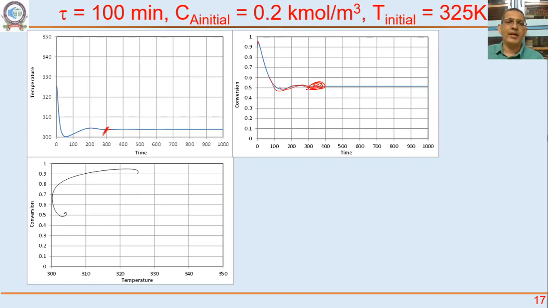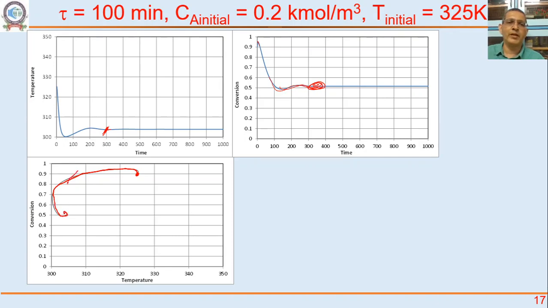Another way of looking at it is to plot conversion versus temperature. We started here at 325 Kelvin and let's say 90% conversion. Conversion increased slightly, then temperature reduced. It followed this trajectory and reached this steady state.